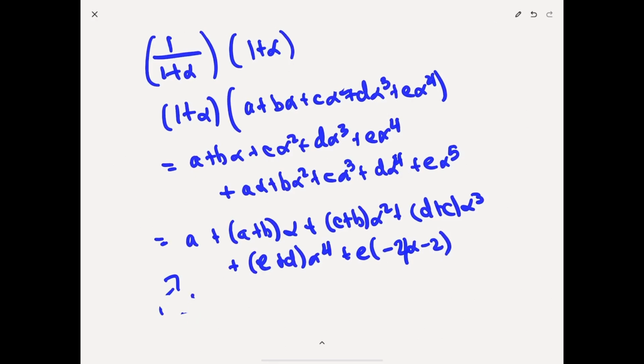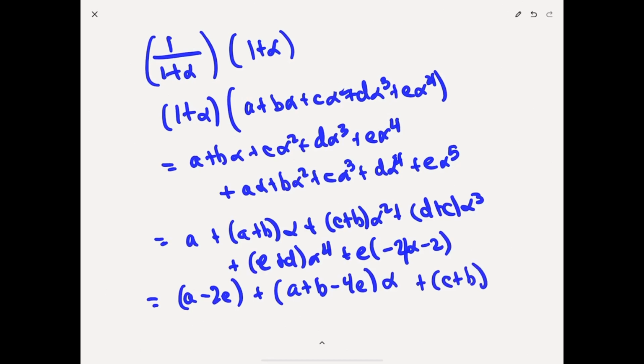So I guess we could just do this to completion. I worry I'm going to mess this up, but a minus 2e, plus, okay, then we have the alpha term: a plus b minus 4e alpha, plus c plus b alpha squared, plus d plus c alpha cubed, plus e plus d alpha to the fourth.